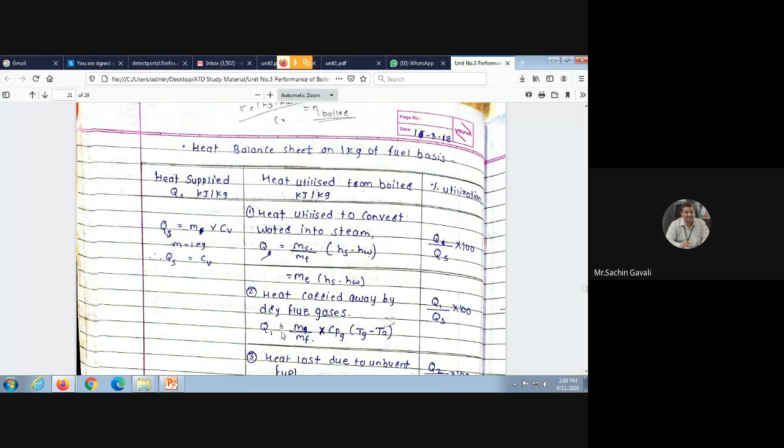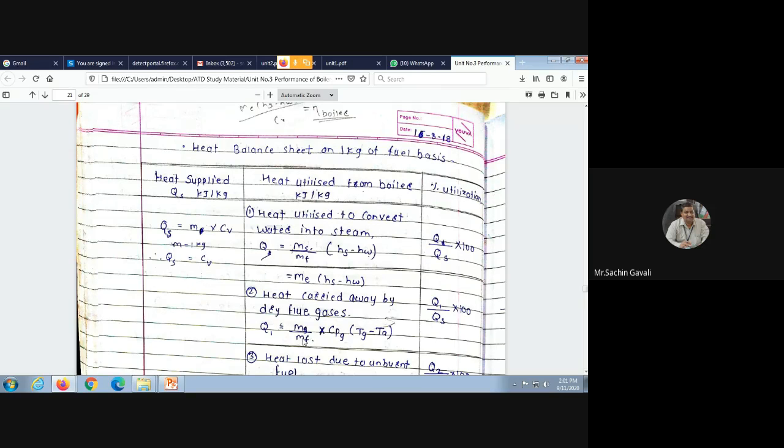Then what is Q1 equal to? What is the formula? mg into cpg into bracket tg minus ta. But mg we are taking per kg of fuel, therefore all masses should be divided by mf.